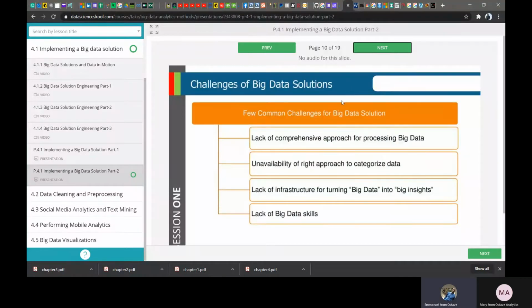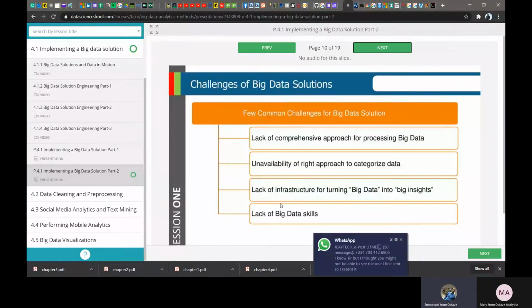Now, talking about challenges of big data solutions. A few common challenges of big data solutions are lack of a comprehensive approach to processing big data, unavailability of the right approach to categorize data, lack of infrastructure for turning big data into big insights, and also lack of big data skills.